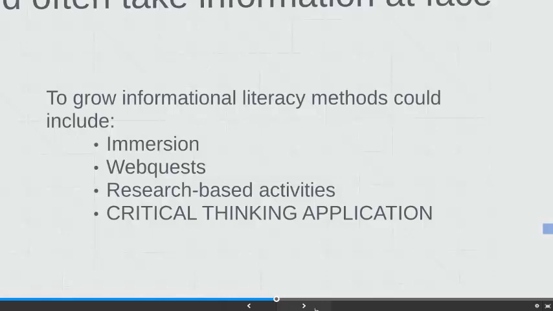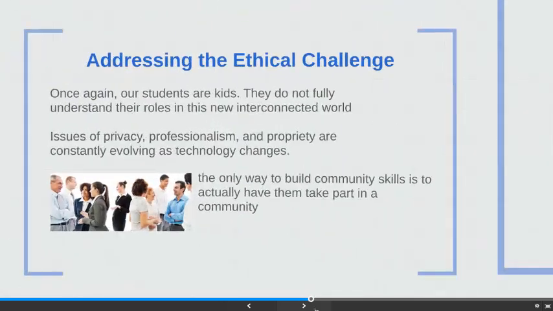Those are good starting places, but we need to get them to look at things with a critical eye. Because the internet is full of places that rely on people not looking with that critical eye.